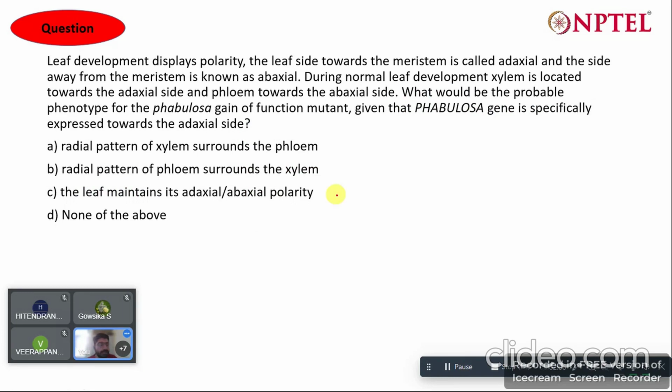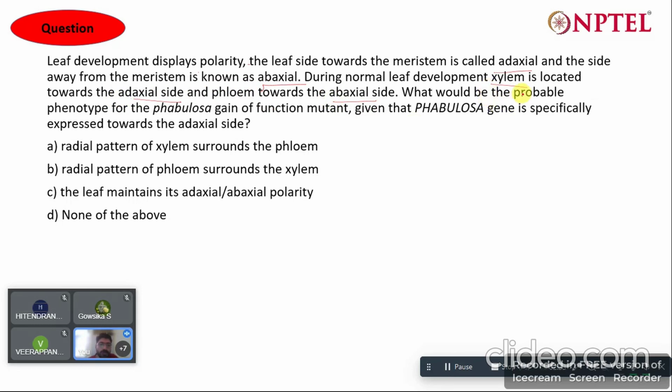Leaf development displays polarity, and the leaf side towards the meristem is called the adaxial side, and the side away from the meristem is called the abaxial side. During normal leaf development, xylem is located towards the adaxial side and phloem towards the abaxial side.